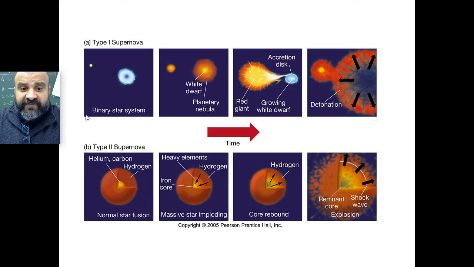Okay, so here we have a type 1 supernova, the white dwarf scenario. Okay, so here we've got a star. Here we have a white dwarf, or a star that's given off its planetary nebula. It's died. The white dwarf that remains, right? It starts pulling a nearby star apart, right?